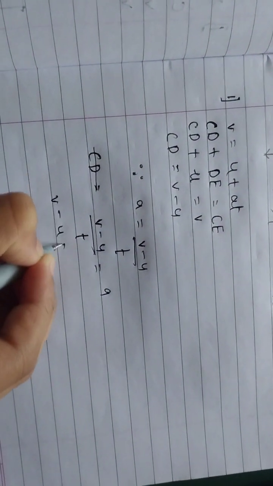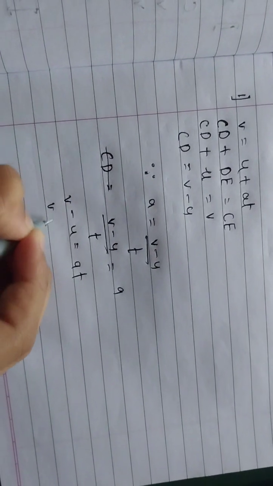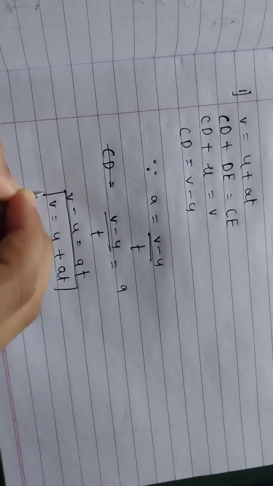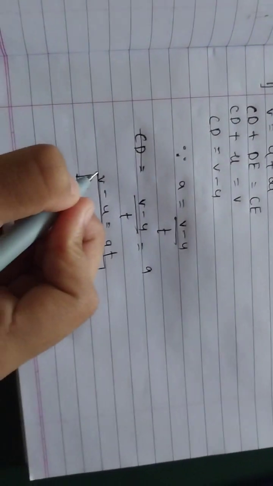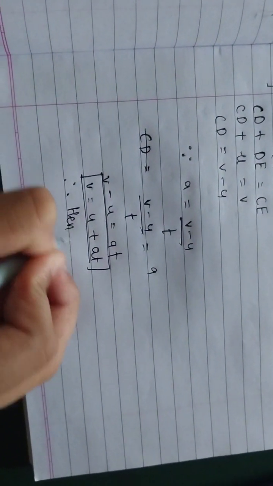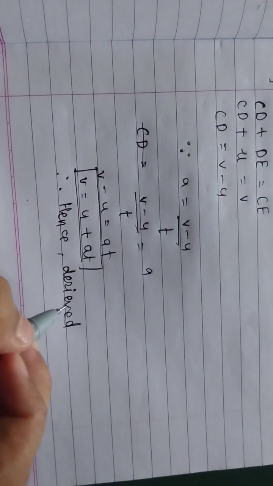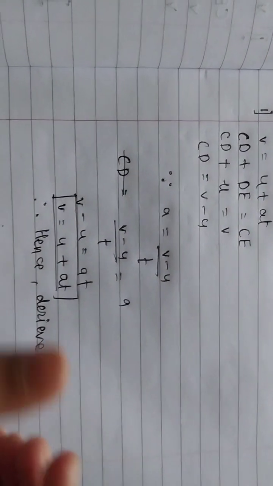Now v minus u is equal to at. v is equal to u plus at. Hence derived. At last you must write hence derived, because you are deriving the formula. You can write hence proved also; it is okay to write.